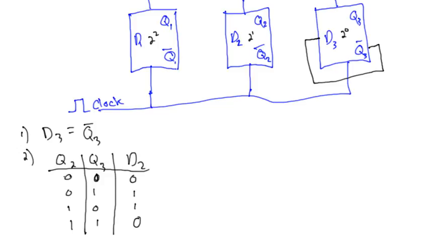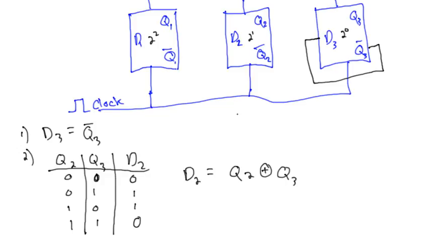Now, I look at this and I see, if they're the same, I get a 0. If they're different, I get a 1. So that's exactly the output of an exclusive OR gate. So D2 is equal to Q2 exclusive OR Q3.